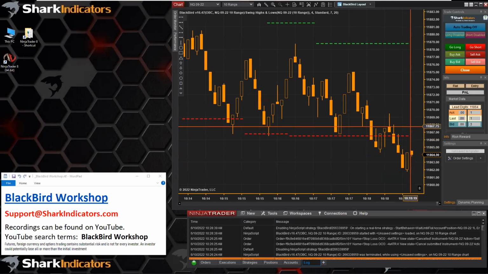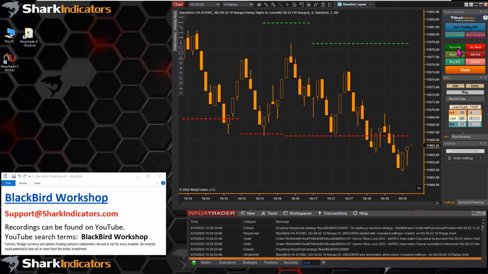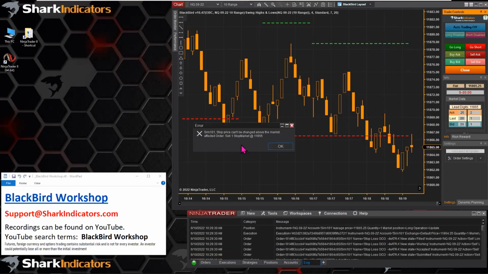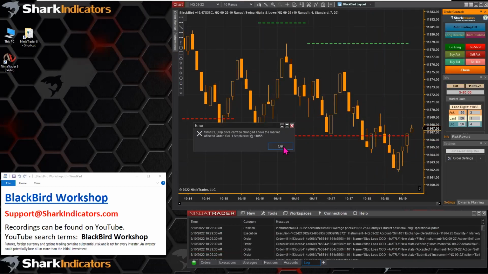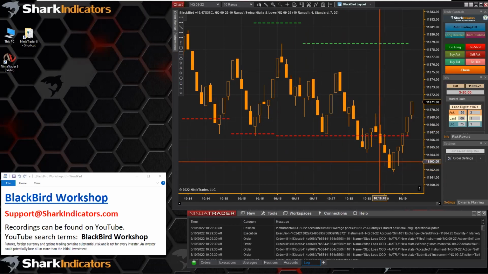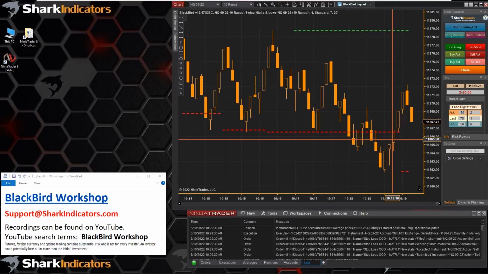So I just need to wait for the market to move up above the swing low here. Actually, what BlackBird just did is it tried to move the stop loss up to the swing low, but that was an invalid price.